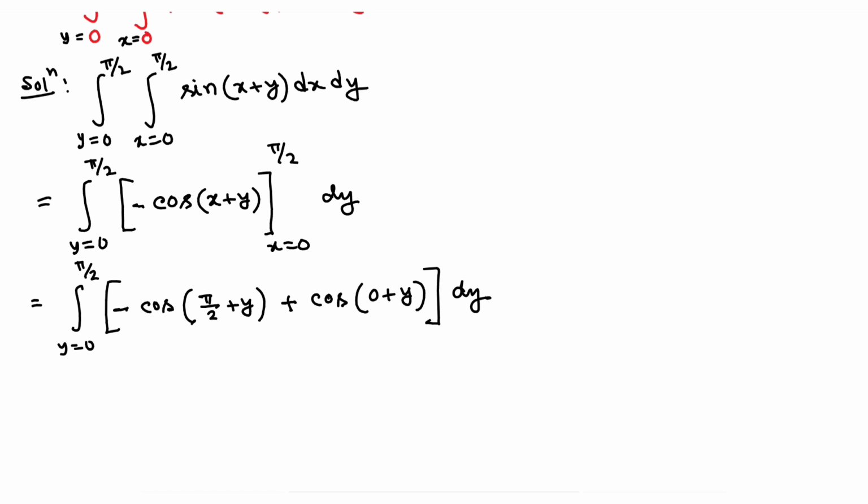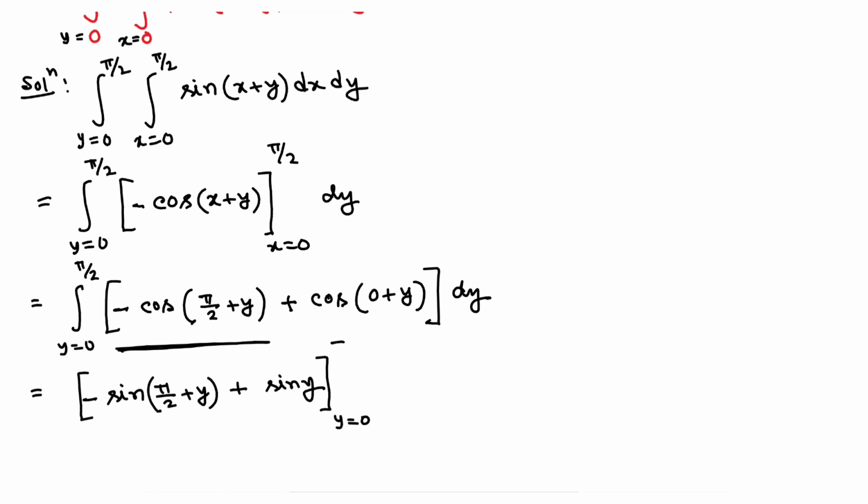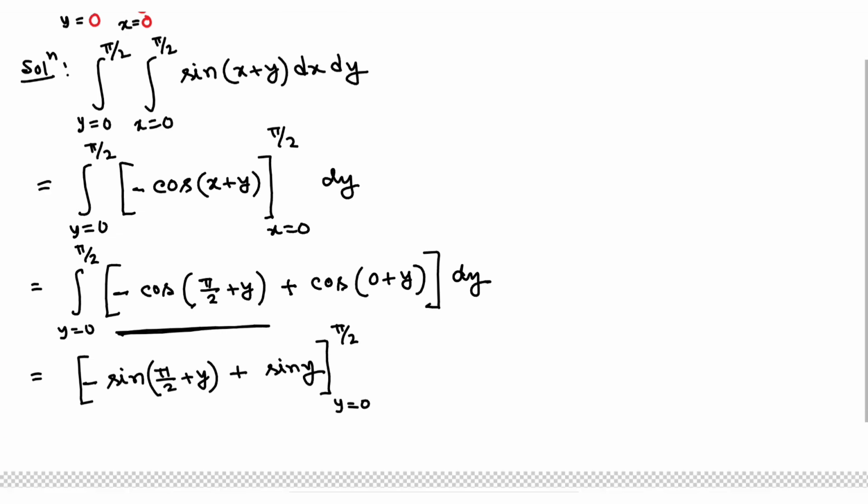Now integration with respect to y. Integration of cos is sine, so this will be minus sin(pi by 2 plus y) plus sin y, with limit y equals 0 to pi by 2.